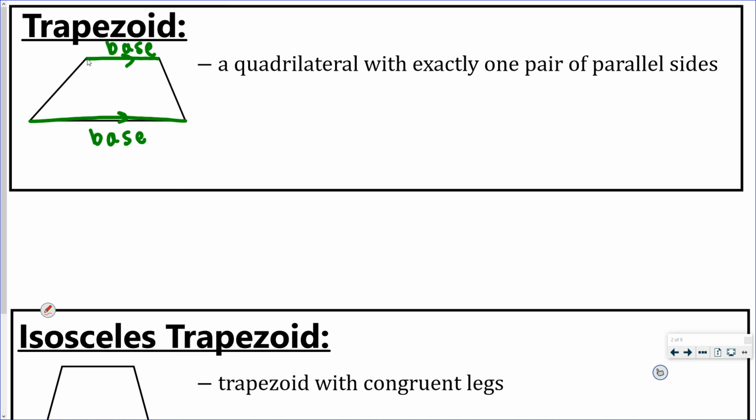The pair of non-parallel sides we call legs. All right, I'm going to label this trapezoid A, B, C, D. So we call angle A and angle B, two angles that lie on the same base, a pair of base angles.